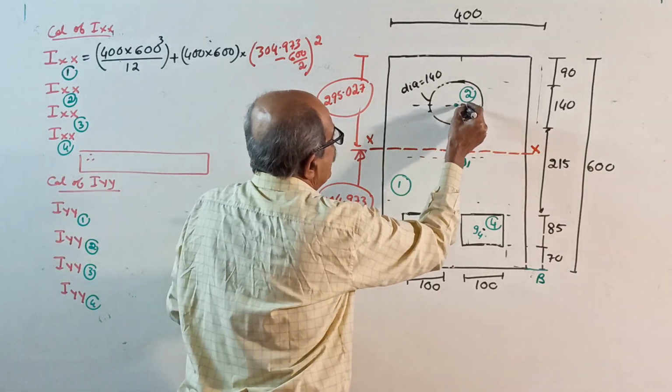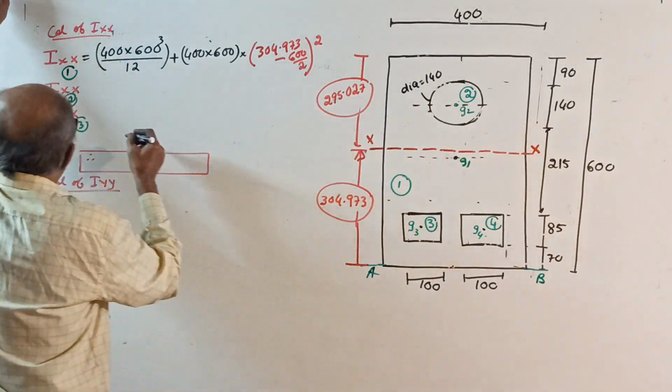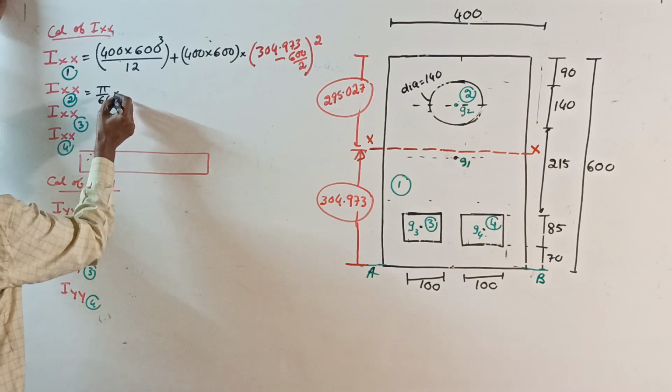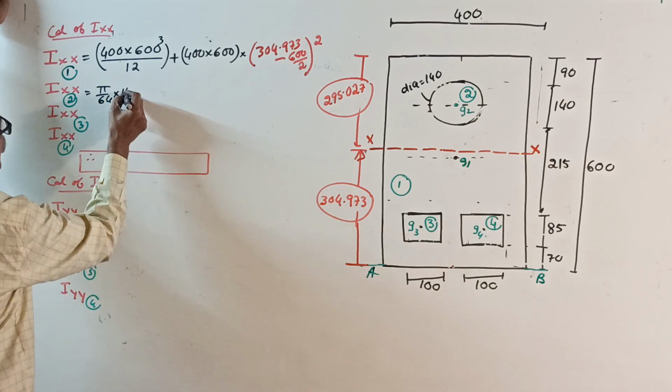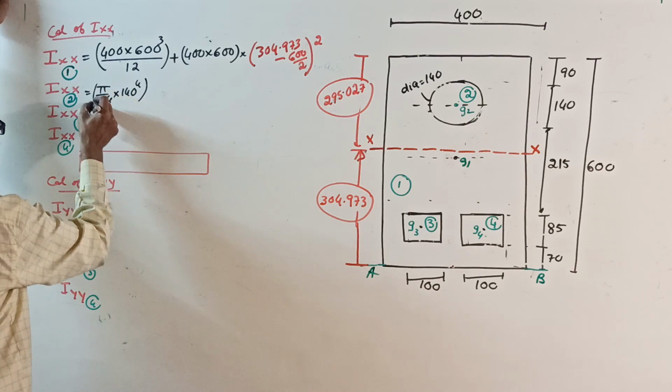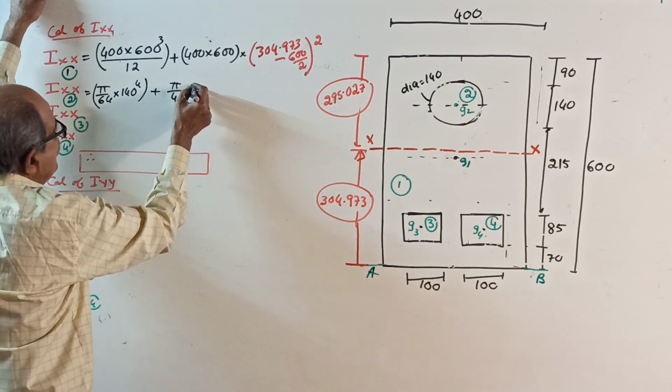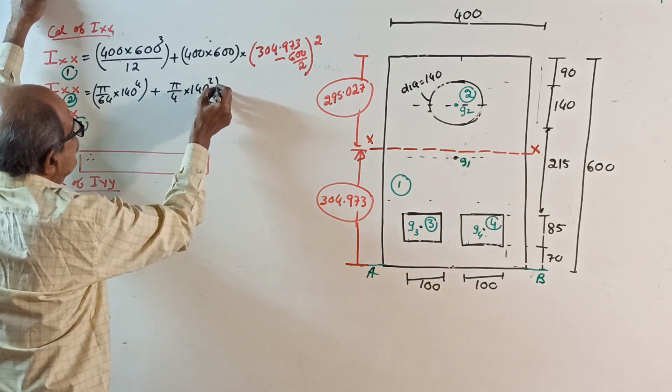IXX for 2. I about its own axis, that is how much? Pi by 64 of diameter, 140 power 4. Nobody should ask doubt about this one. Why? If this is not clear, you are wasting your time attending my class.